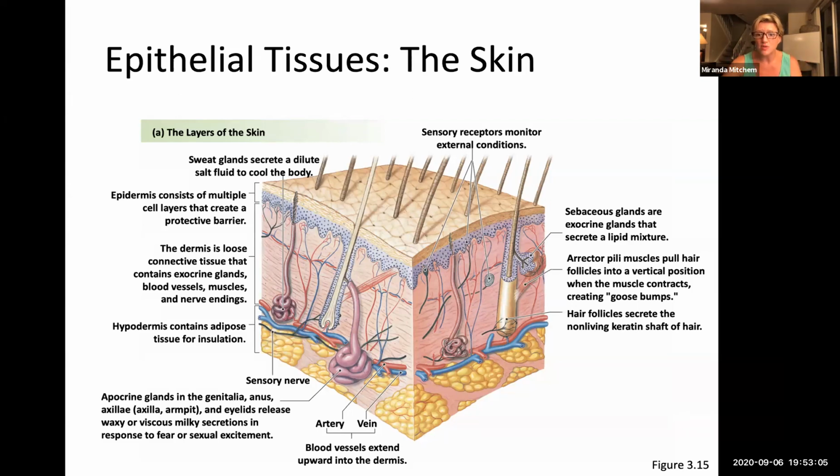Well, the sensory receptors that are present in my skin are going to perceive that pain and send a signal to the muscles in my arm to move my arm away. So that's a very important function of the epithelial tissue, specifically the skin, is that this is where a number of our sensory receptors are, which are critical to allow us to safely interact with our environment.